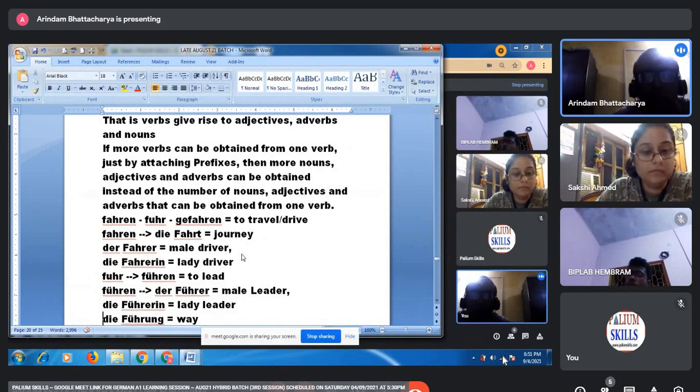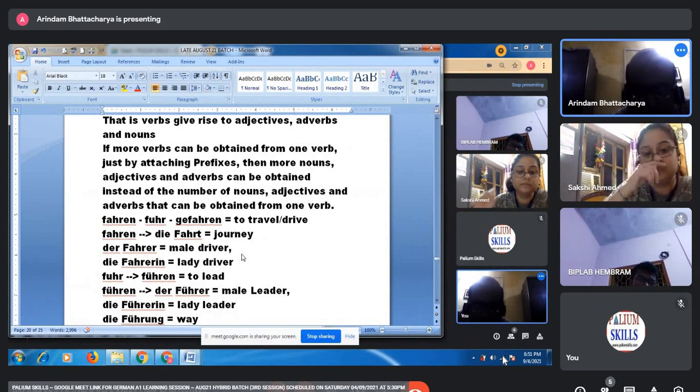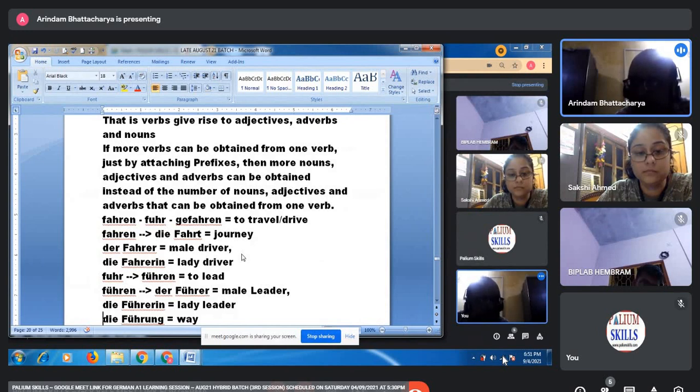From fahren comes another verb, führen, to lead. From führen comes der Führer. Führer means male leader. So Hitler was called der Führer. Die Führerin means lady leader.